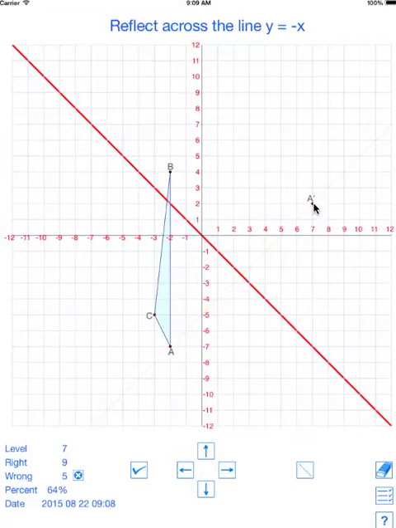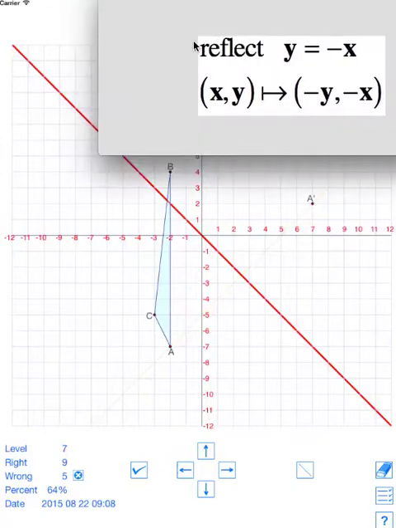Okay, so what happened? The x's and y's switch places, but they also switch signs. The shortcut is, when reflecting across the line y equals -x, that the x's and y's not only switch place, but they also switch signs. Okay, so there's a switch of everything, a switch of signs and a switch of position. Alright, so for the B, if we're going to use that, I'm going to use this mapping notation.